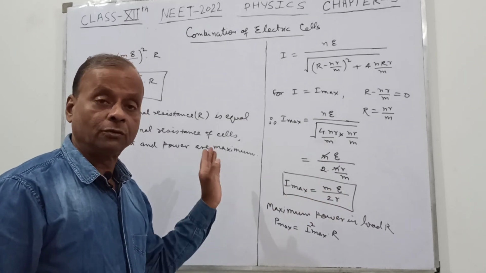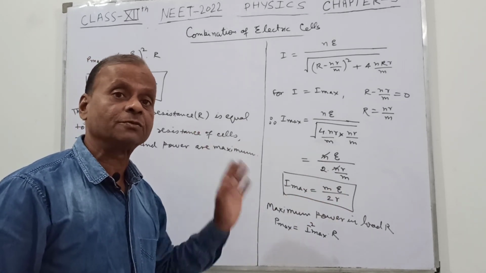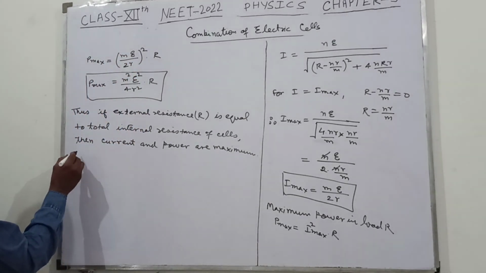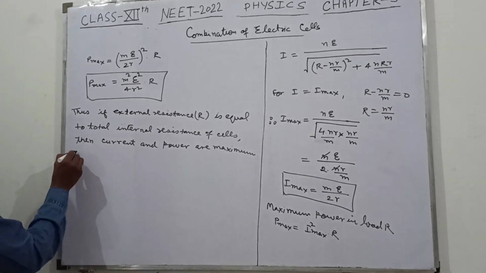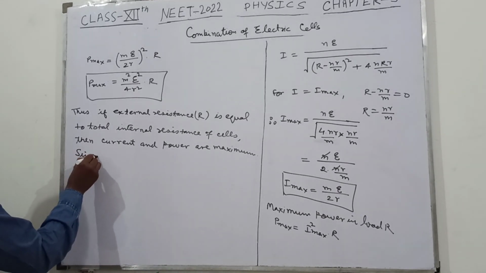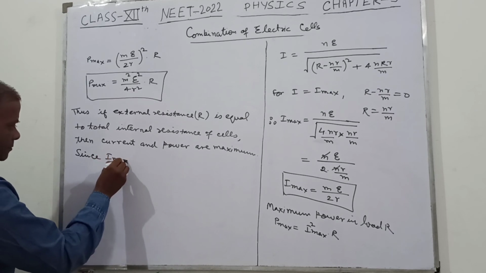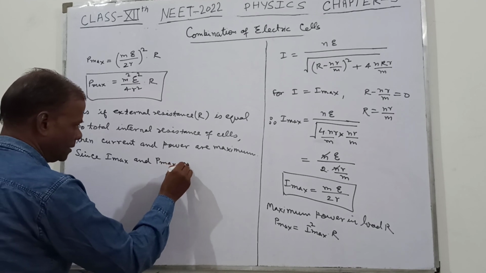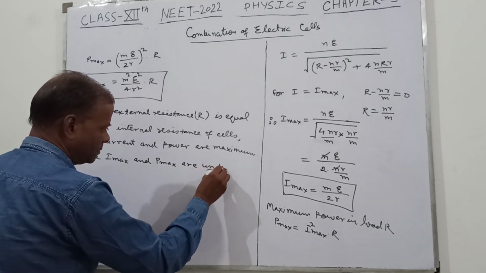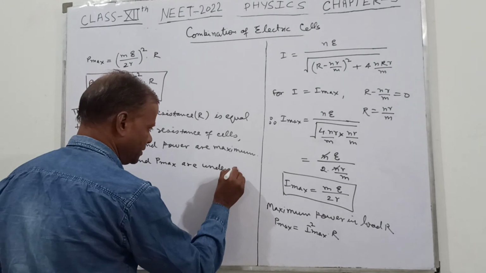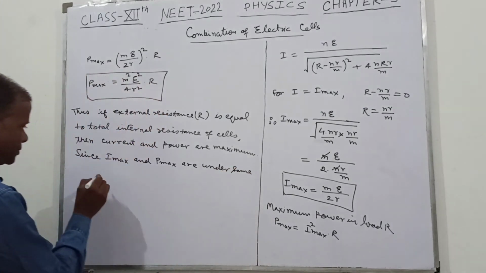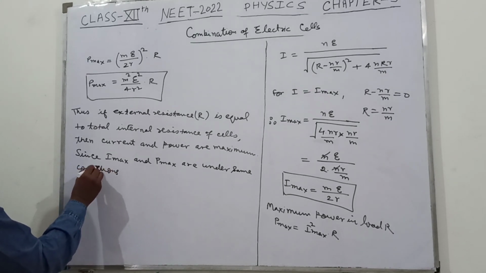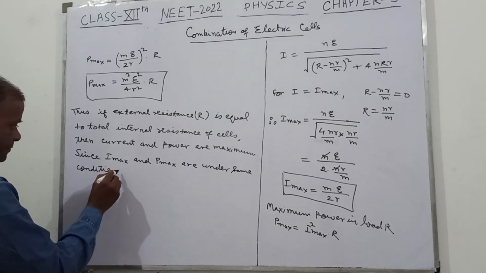So this combination of the cells is preferred because of it. Since I maximum and P maximum are under the same condition. What is the same condition?